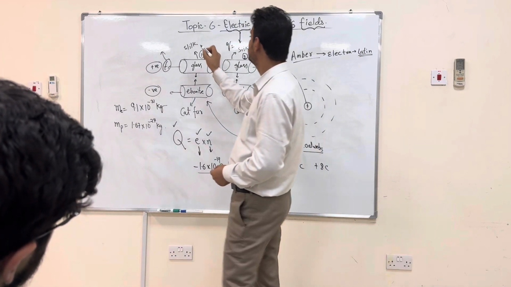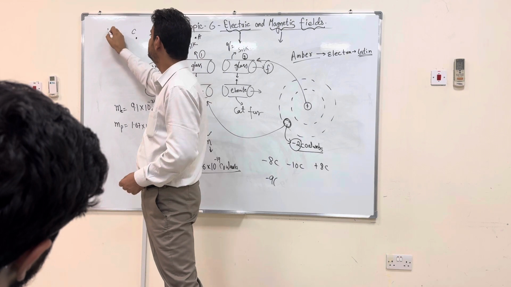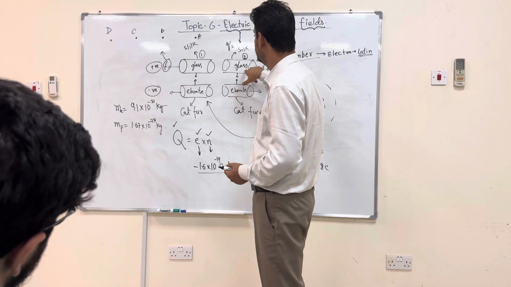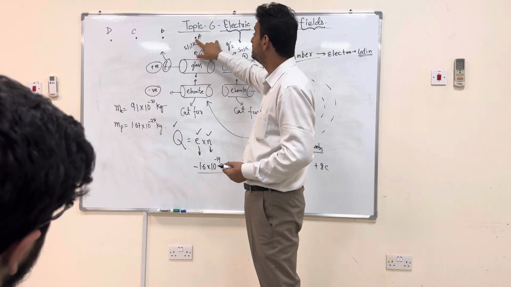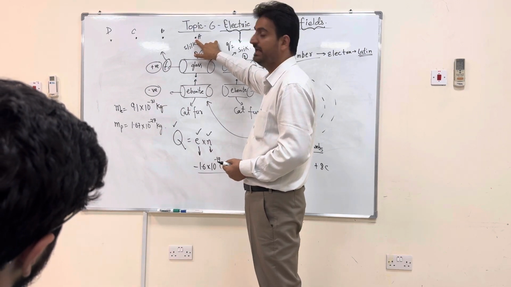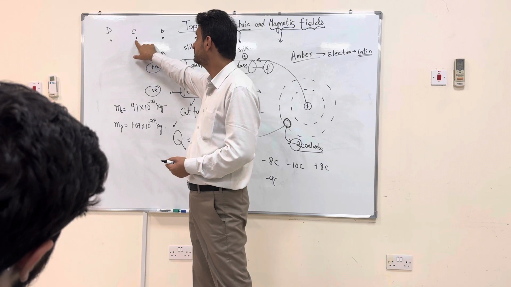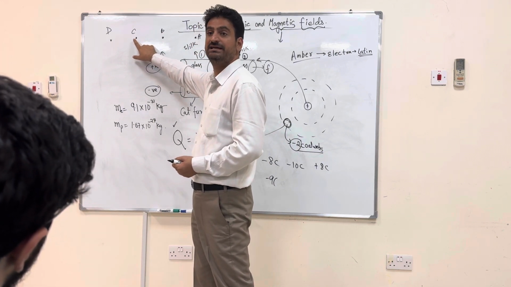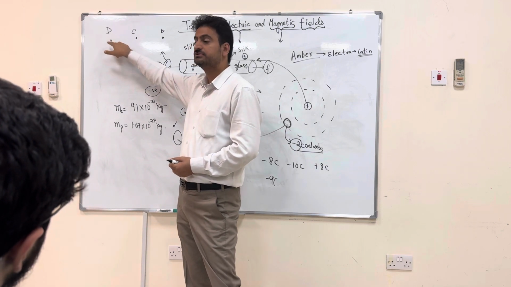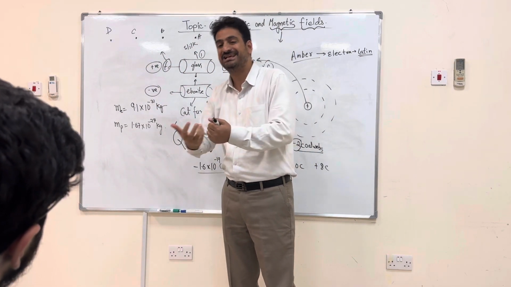We take some point, we talk about point A, point B, point C, point D. So the Q2 charge, which is on the glass rod 2, can influence another charge which is at A. It can apply some force on A. Now the electric field at A will be stronger than the electric field at B. Still, it's greater than the electric field at C. Whatever the electric field is at C is greater than the electric field at D. So as we go away from the charge, the electric field strength becomes lesser.